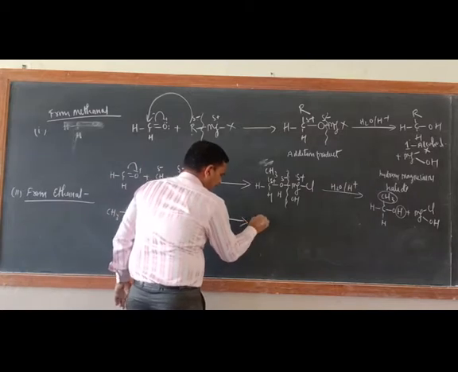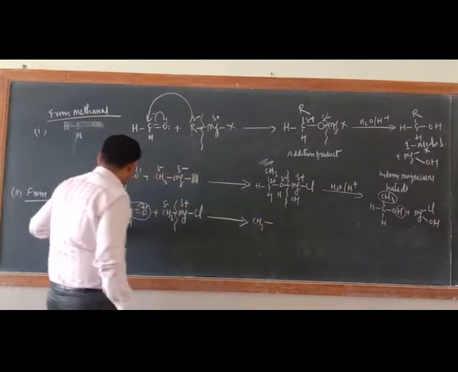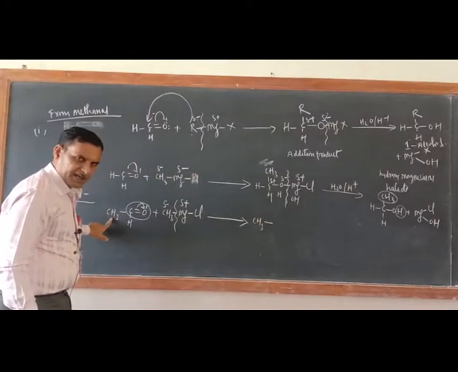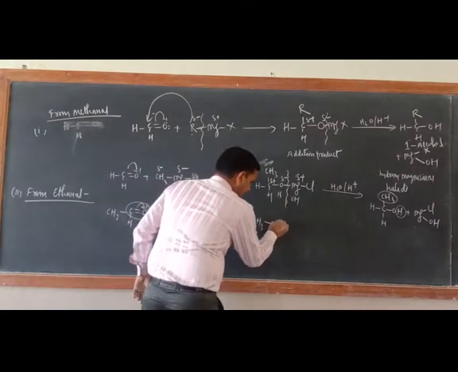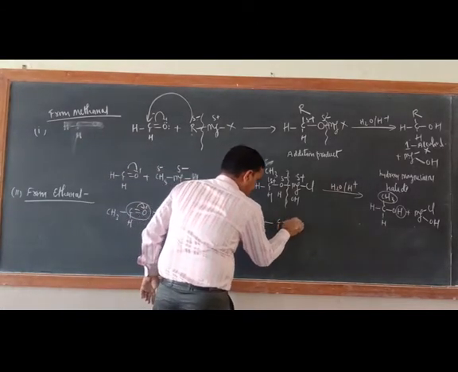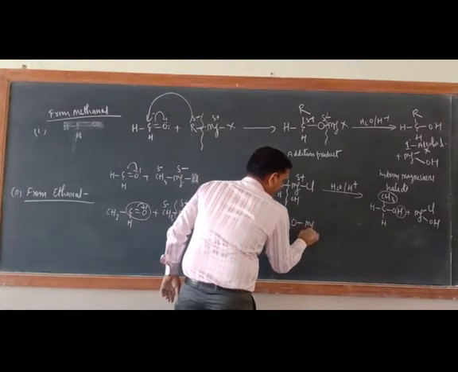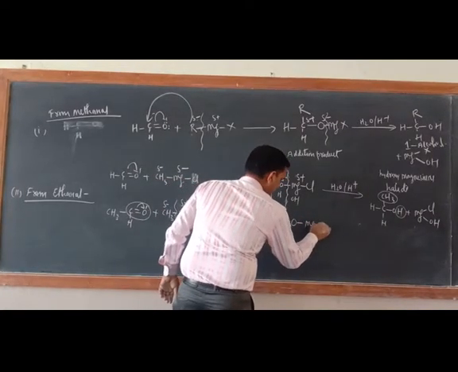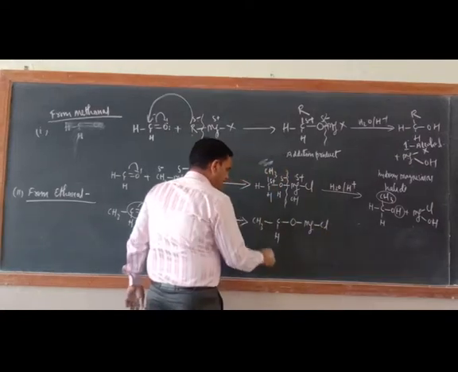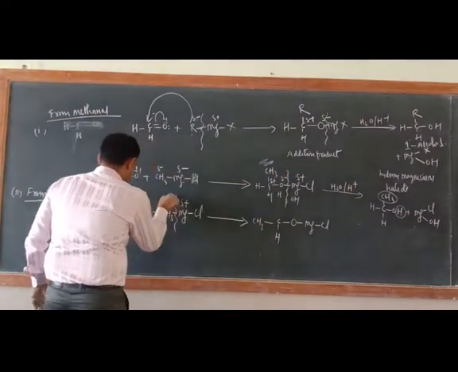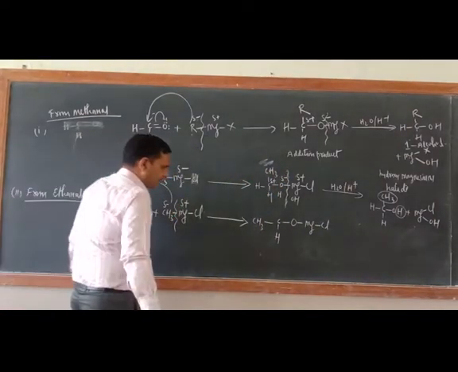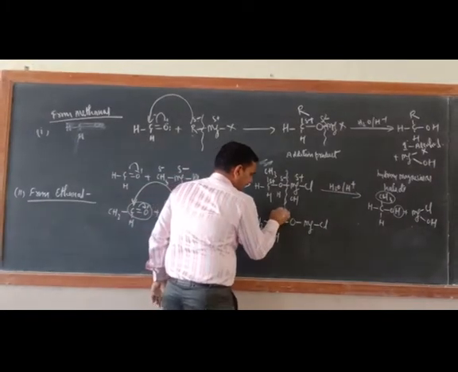So what is the product here? CH3, one alkyl group is already with the acetaldehyde, another one is C, here H, here O, and here Mg and Cl. And another CH3 will be attached here. So now add CH3 here.